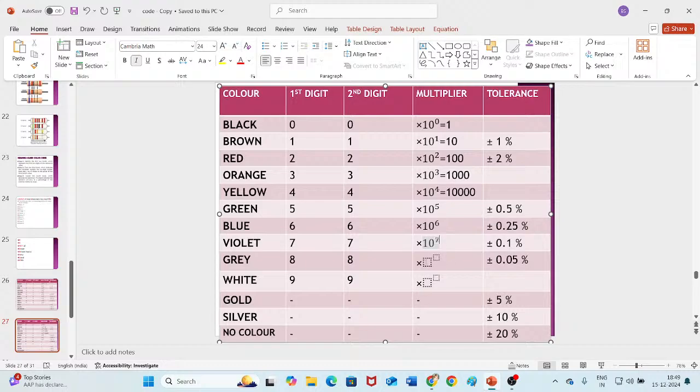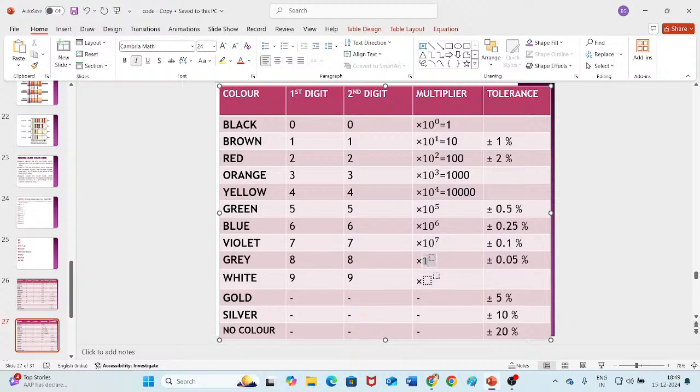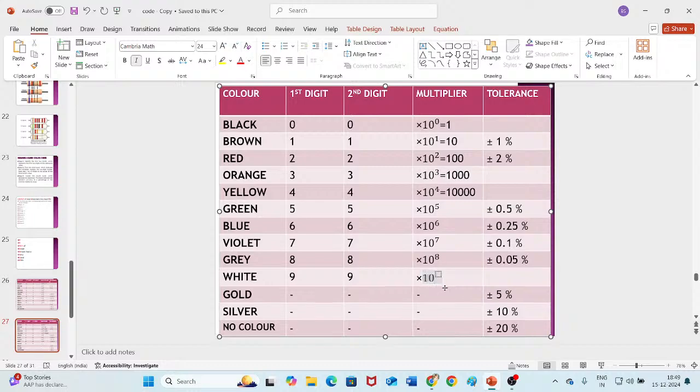Similarly, for gray, 10 power 8. And white, 10 to the power of 9.